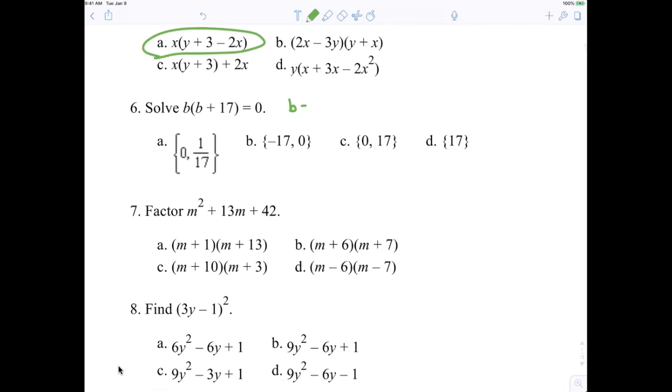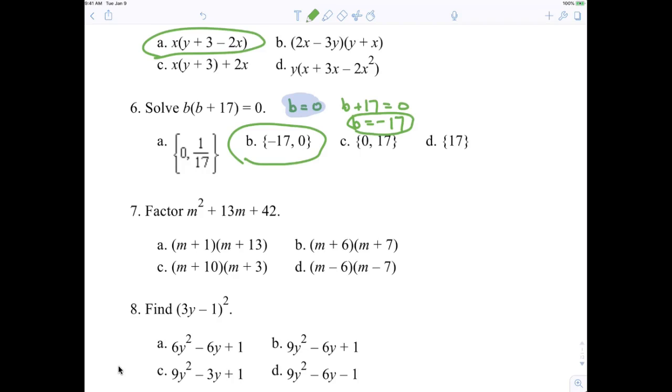So we say b equals 0, b plus 17 equals 0. This first equation is already solved. So 0 is a solution. And then you solve the second by just saying b equals what? Negative 17. All right. So now my answer is 0 or negative 17, which is what? B.